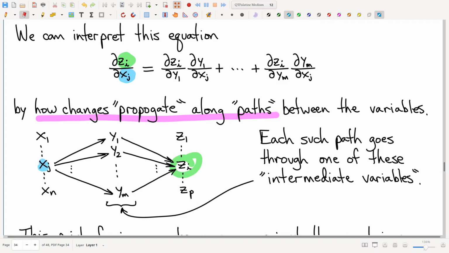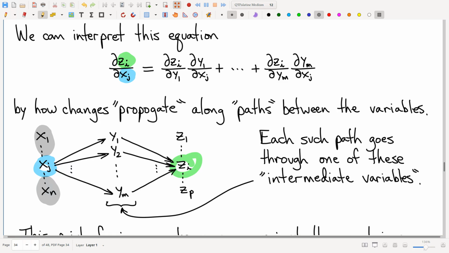Well, partial derivative with respect to xj means I'm going to hold all these other variables constant. And now let's think about how, in this diagram, when I change xj, how's that going to make Zi change?